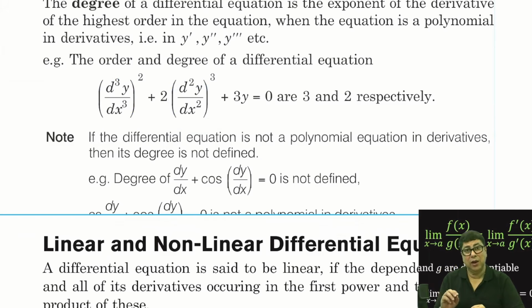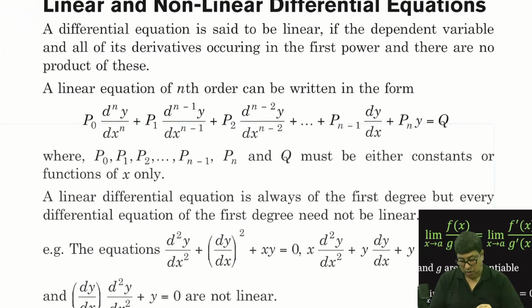So highest order and highest order's highest power. But remember one thing, like molecularity and order in chemistry, this order and degree cannot be a fractional number. It must always be a positive integral number. Accordingly, you should change it. If a fractional number is given, you should change it to an integral number.